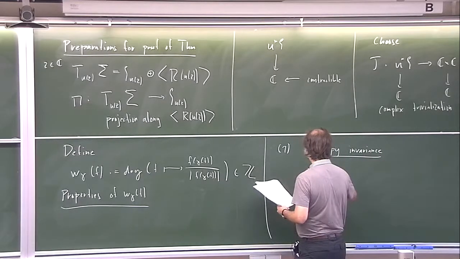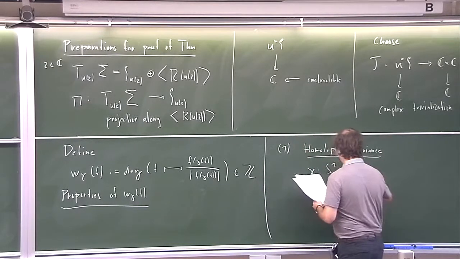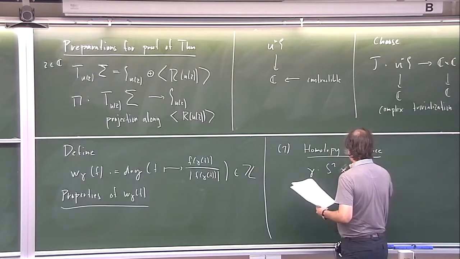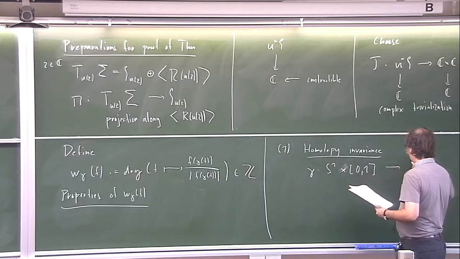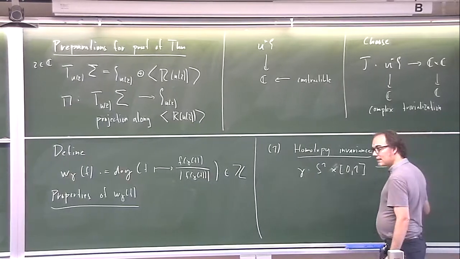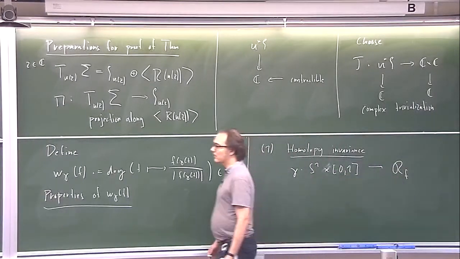So if gamma is a map from S1 times the homotopy parameter in [0,1], the only important thing is that we always stay in the regular set. We are not allowed to cross singular points of f.